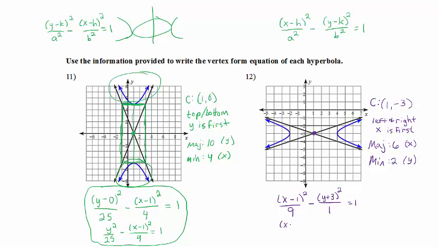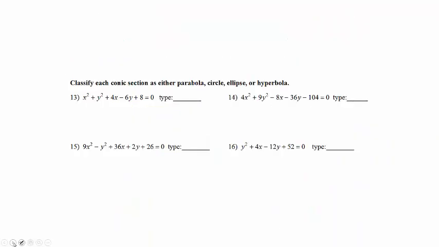It's more mathematically correct in a way. So we do x minus 1 squared over 9 minus y plus 3 squared without it being a fraction. And so again, depending on how picky your teacher is, they might want you or strongly encourage you to write it the second way unless you want points off.